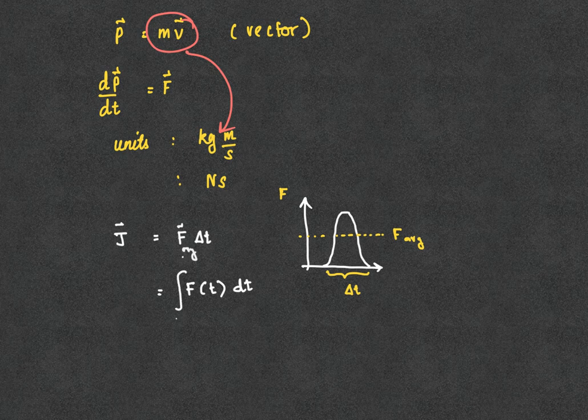So here we are doing an integration going from 0 to t, whatever the lower and upper limits are given to us, and then you will get the impulse by doing an integration like this. So both of these equations are important. If you have a constant force given to us, then you can use the first equation, and if the force is given as a function of time, then we are going to use the second equation.